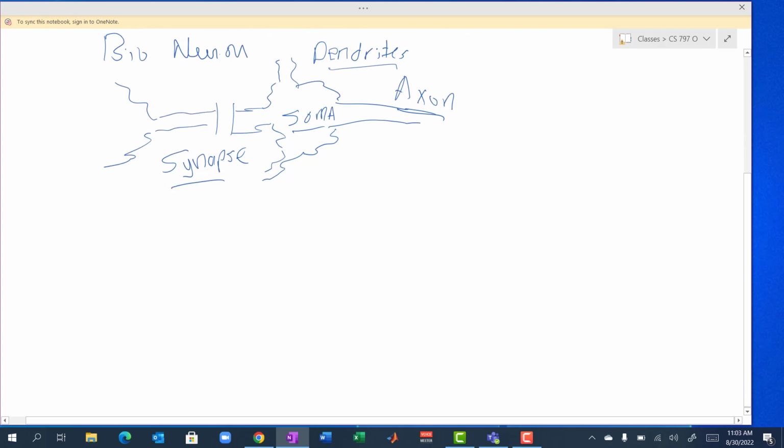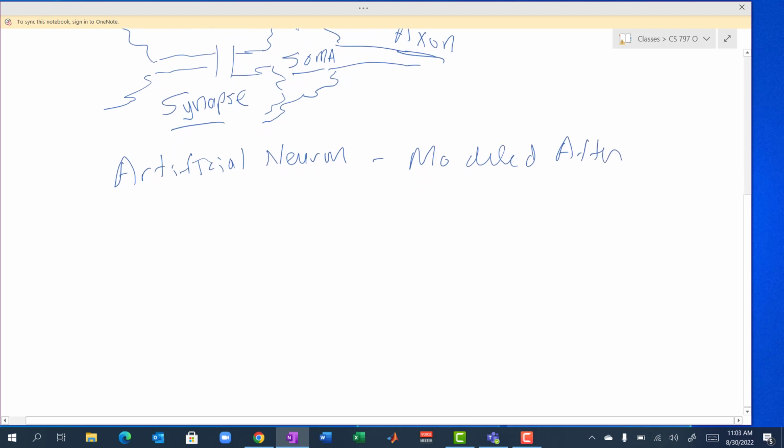And then an artificial neuron is modeled after the just really basic behavior of the biological neuron. The cell body is represented by a summation and an activation function.